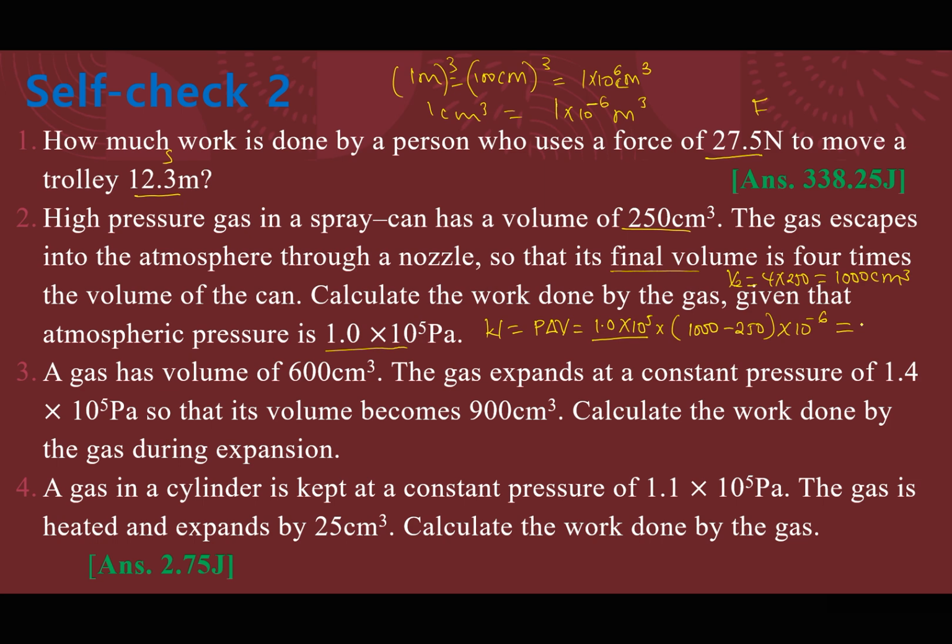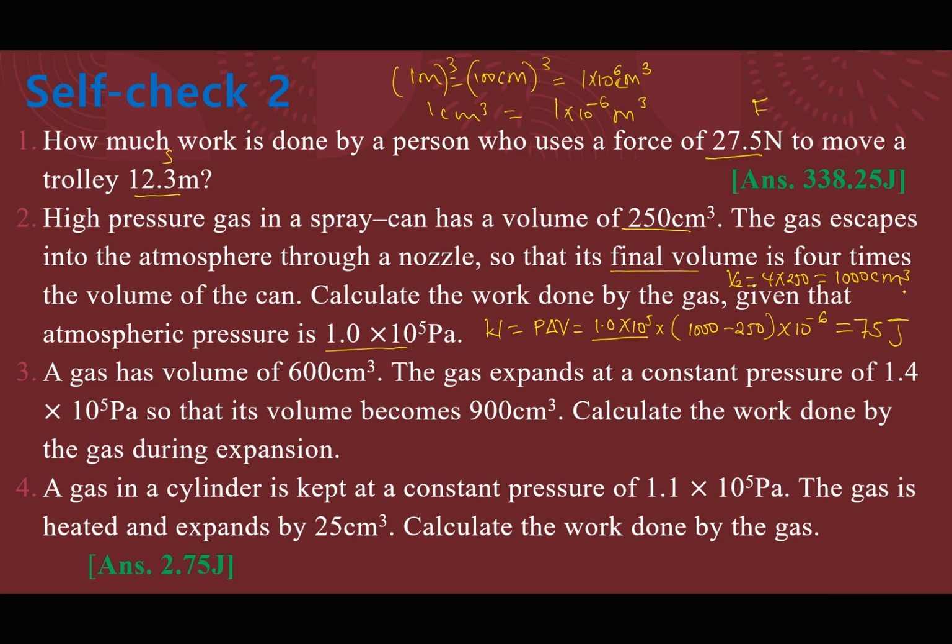So this is going to be 1000 minus 250 times 1 exponent 5, then times 1 exponent minus 6. So this gives us 75 joules. So that will be the work done. Just note how I converted the volume from centimeters cubed to meters cubed.